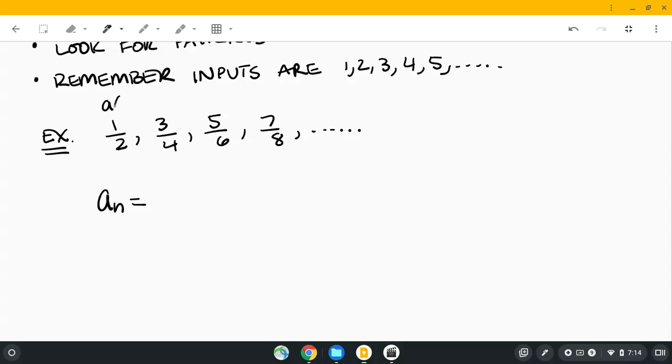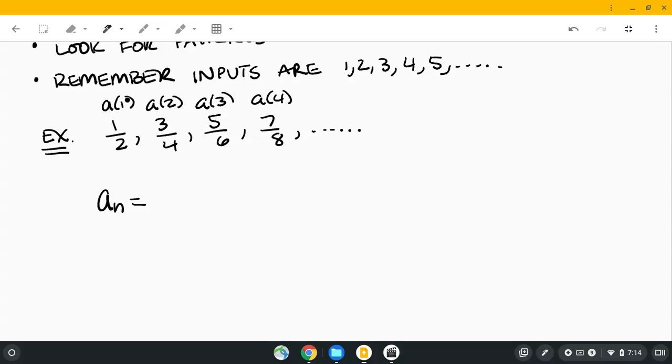here, let's do this. A1, A2, A3, A4. Okay. And you want to see how these inputs work: when you plug in 1, you get 1. When you plug in 2, you get 3. When you plug in 3, you get 5. When you plug in 4, you get 7. And you want to take a look at how you get these numbers.